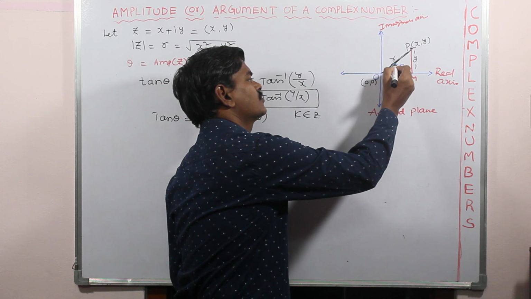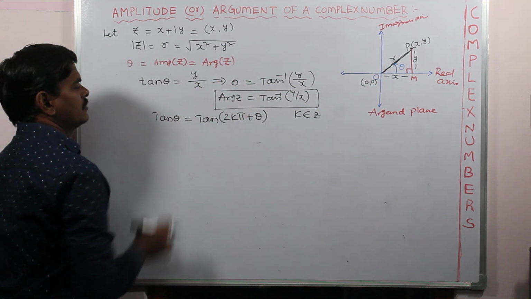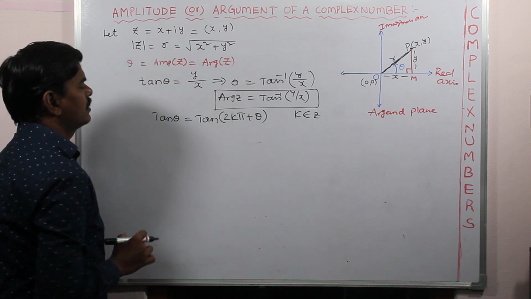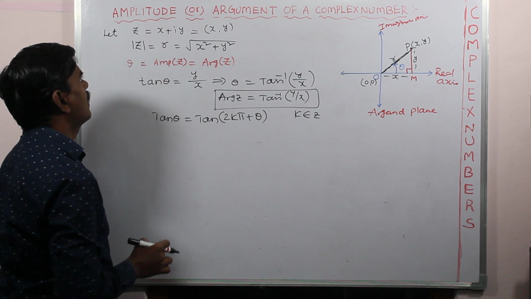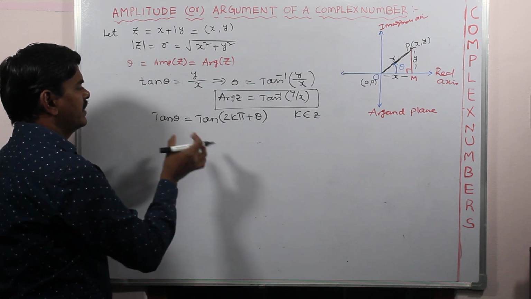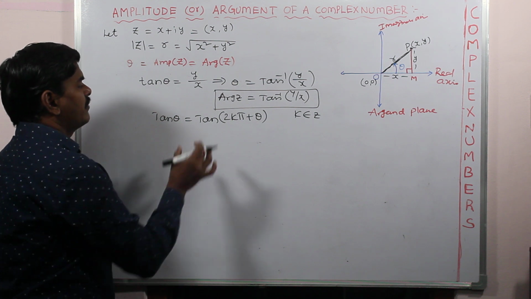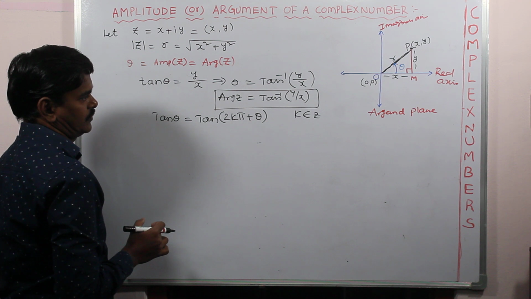Not only theta, 2k pi plus theta also is represented as amplitude of z. That means we have infinite values for amplitude of a given complex number.